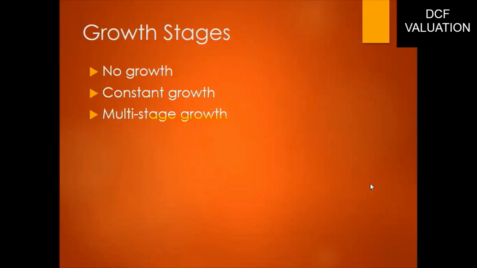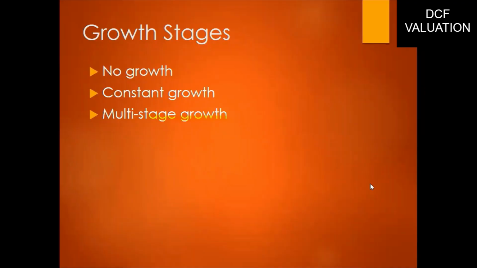Start, growth, maturity. Okay, so those will represent the various stages of growth of the company. Remember that when we discussed industry structure last week, we also look at the industry life cycle. Then you have to consider that when you develop your own assumption for the growth stages of your company.